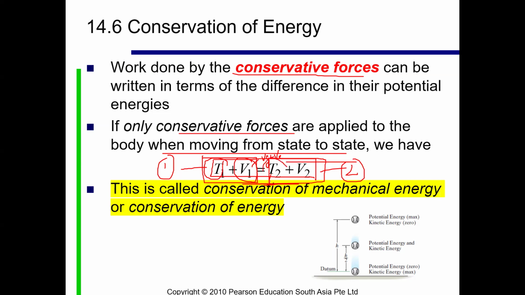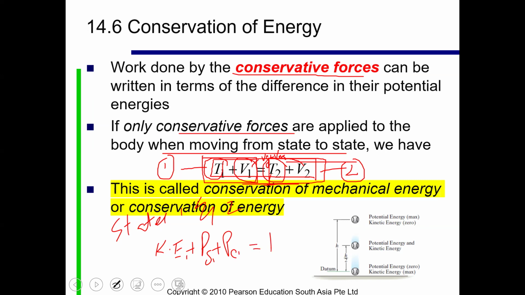So this T2 is technically the kinetic energy, and V2 is again the potential function, the sum of the gravitational potential energy and the elastic potential energy. So at any two states, 1 and 2, I can say that the kinetic energy plus the potential energy through gravity plus the potential energy through the elastic spring at this stage is equal to the kinetic energy of the second stage plus potential energy of gravity plus potential energy of the elastic spring.